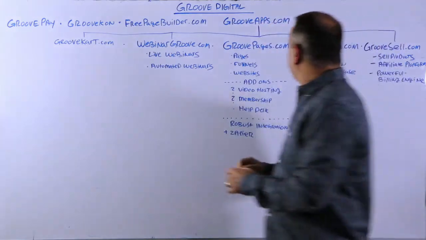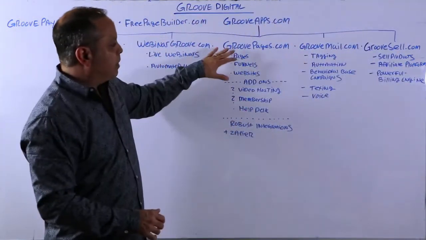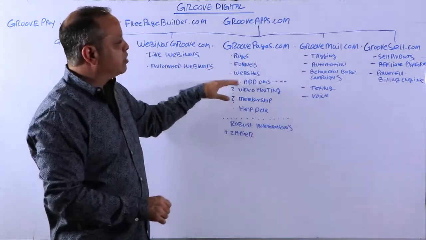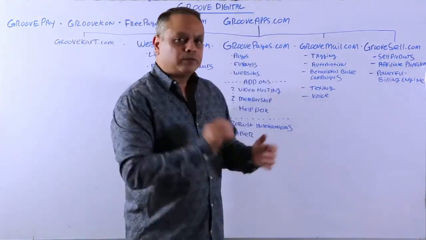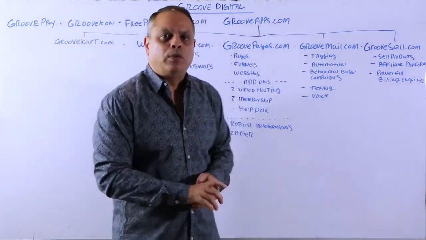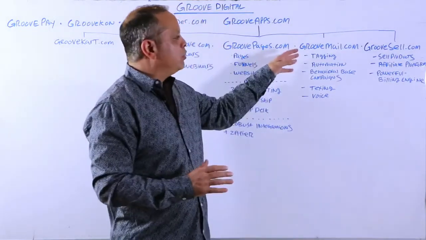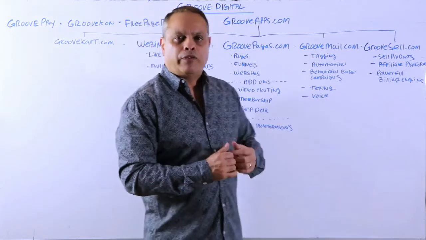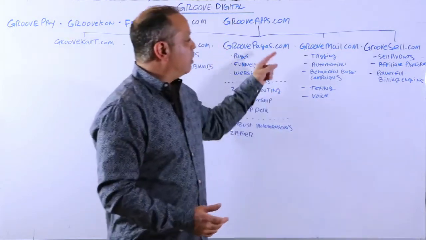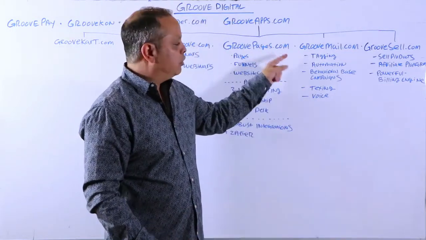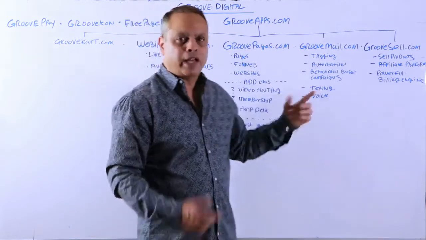And then, of course, I'm going to move over to here. Remember, we're talking today about GroovePages, but we're also doing GrooveMail.com. This will be the leading platform on the internet to not only do all of your email marketing and all of your autoresponders, but it also does your tagging, which allows you to do powerful automation and behavioral-based campaigns.